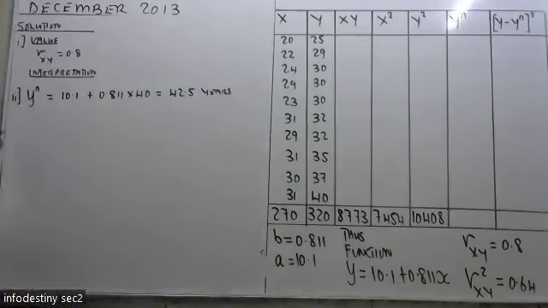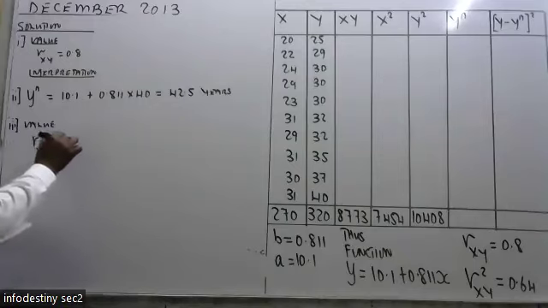Roman 3 requires we get the value. So the value of R square between X and Y, we already know is 0.64.